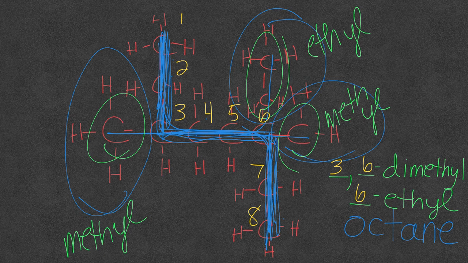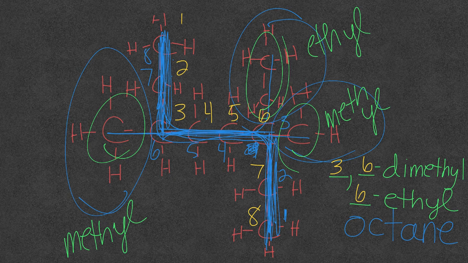If, let's see, we'll do them in blue. If I number here, I go 1, 2, 3. Oh, that would still be 3, 4, 5, 6, 7, 8.